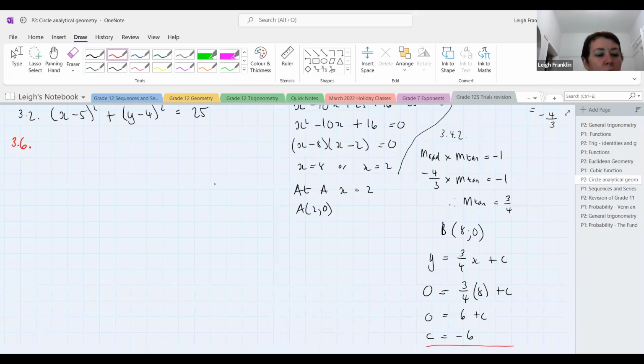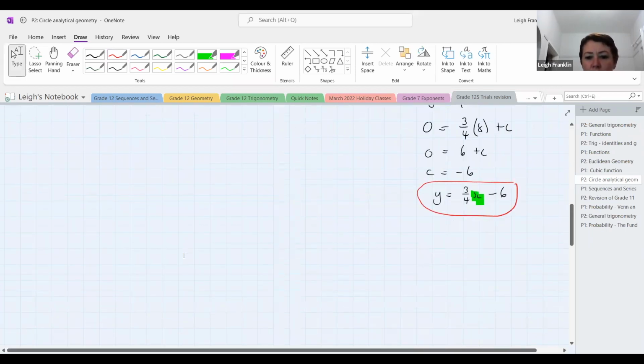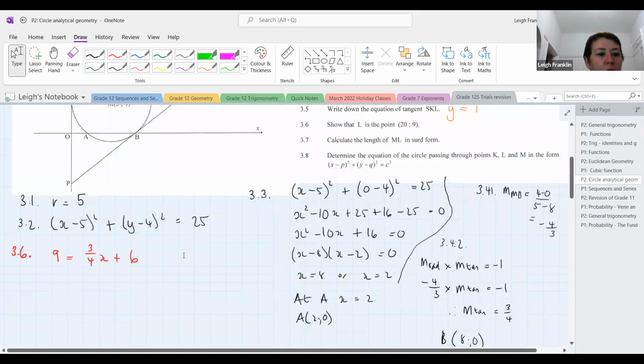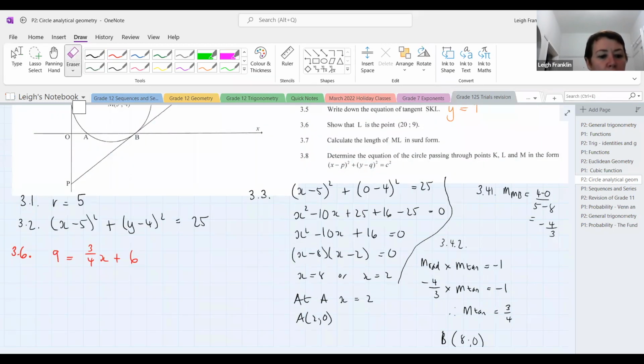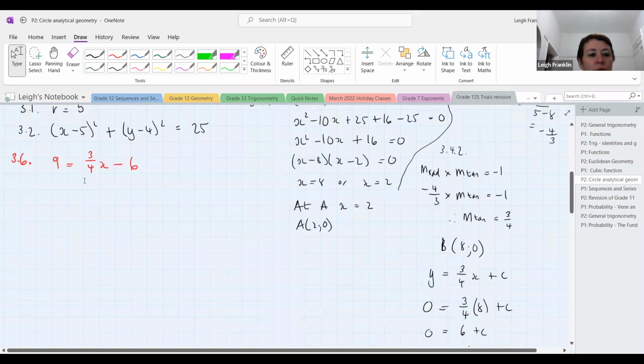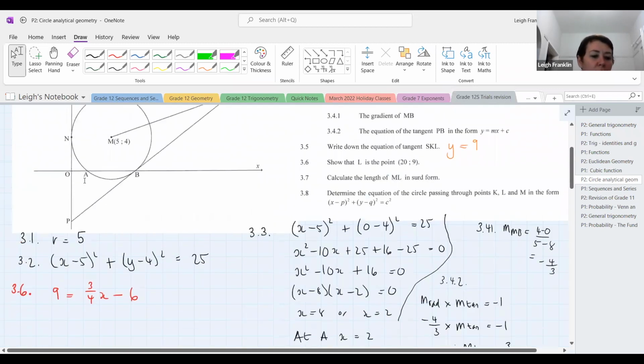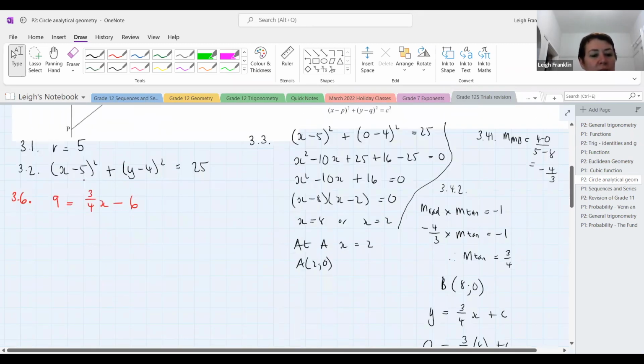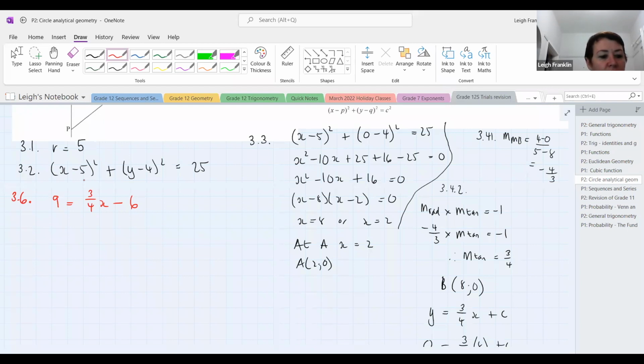So we've got y, which is 9, is equal to 3/4 x. Was it plus 6 or minus 6? Oh, minus 6. I wrote plus 6. Okay, let's just fix that up. Minus 6. Yes, of course, because P is a point on the negative y-axis. So taking the negative 6 over to the other side, that would leave us with 15.